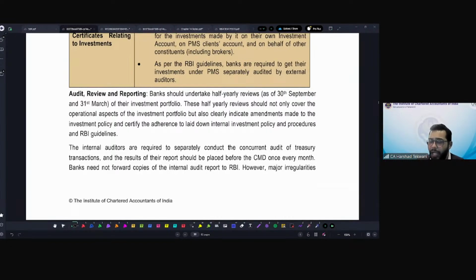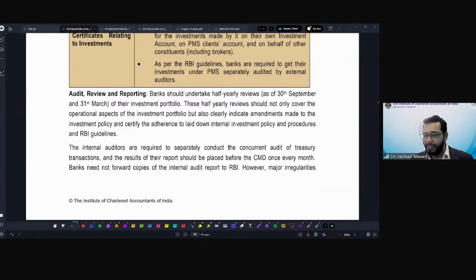Agriculture advances, loans with moratorium period, a lot of things are there in the prudential norms, okay, with respect to advances. And for each and every category, there is a separate reporting requirement. For example, derivative categories. For example, asset classification, upgradation from NPA. So we'll discuss everything. Okay.